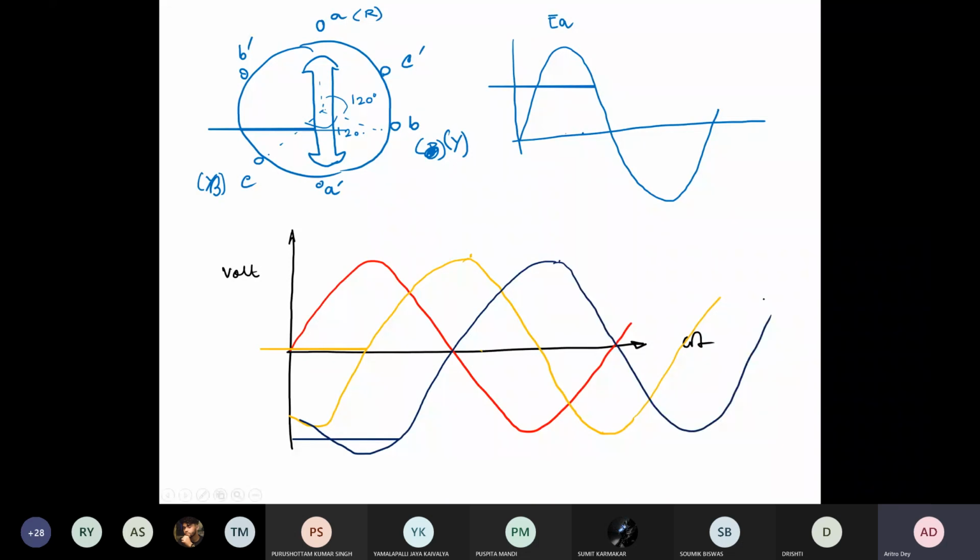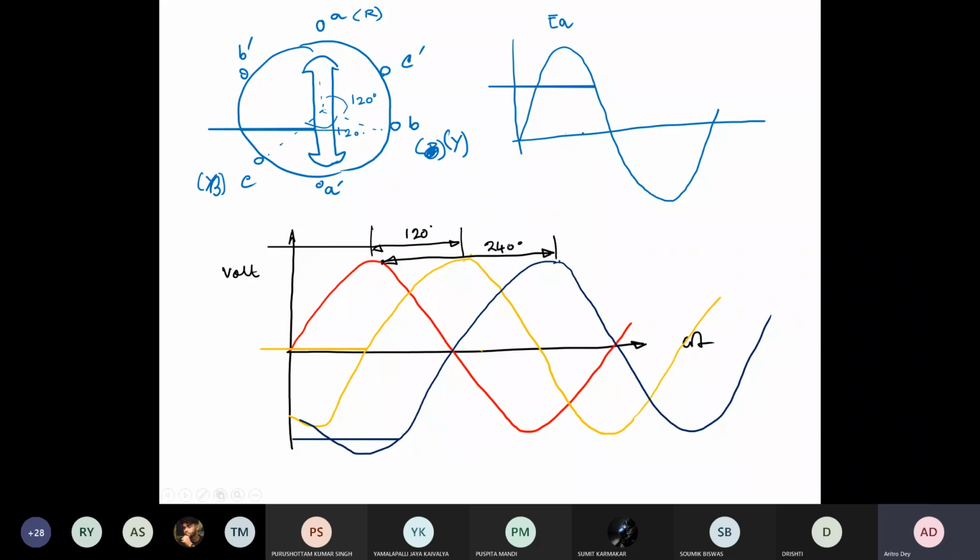So red and yellow, and between these peaks, you will have 120 degree angle. This is 120 degree. From here to blue, red to blue, this is 240. Okay.